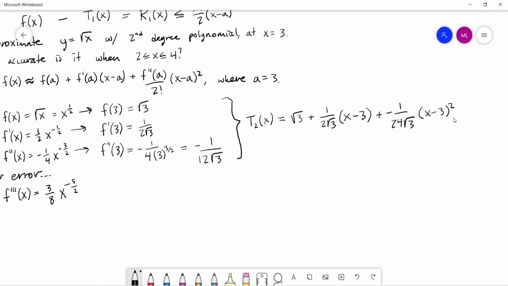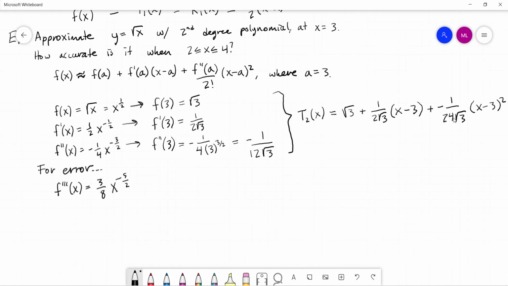How accurate is it? So there it is. How big is the error? How much error can there possibly be on this interval? And so now we need to realize that we want to figure out how big can this value be, the third derivative, on this interval. What's the biggest it could be?